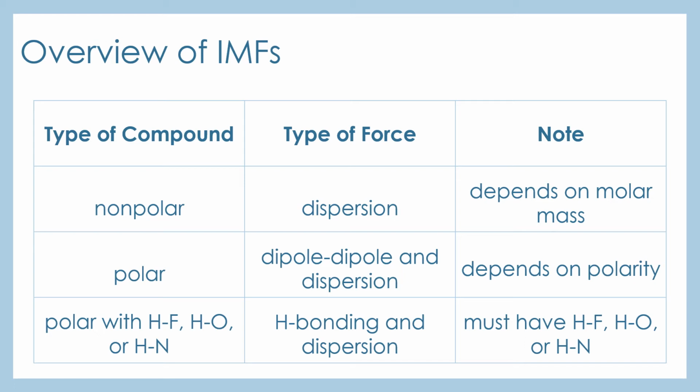And this is going to depend on the polarity of the molecule. The more polar it is, the stronger those forces will be. Now, if the molecule is polar and also has HF bonds or HO bonds or HN bonds, you're going to see hydrogen bonding and dispersion, and also possibly dipole-dipole forces. You have a lot more options, and these forces are much stronger. And remember, you must have these very specific bonds in order to have hydrogen bonds.